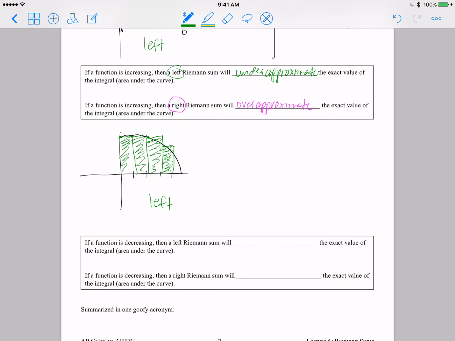Okay, so if a function is decreasing, then the left Riemann sum will over-approximate the area under the curve. Similarly, if I draw a decreasing function and then use the right endpoints to create my rectangles, then this is going to be, as you're about to see, an under-approximation. So let's again use the same color. We're going to use the right endpoint here.